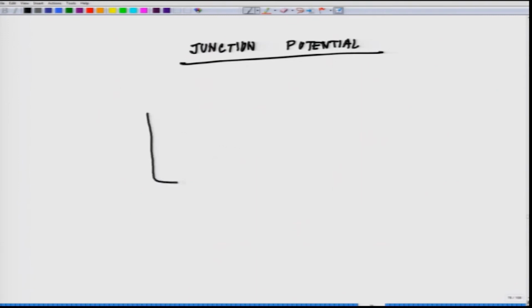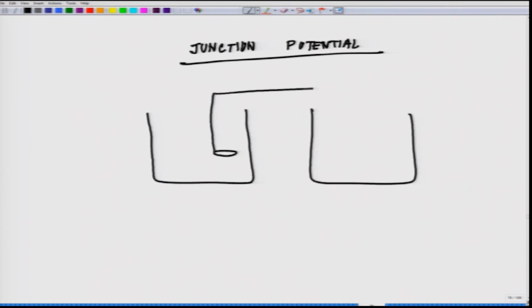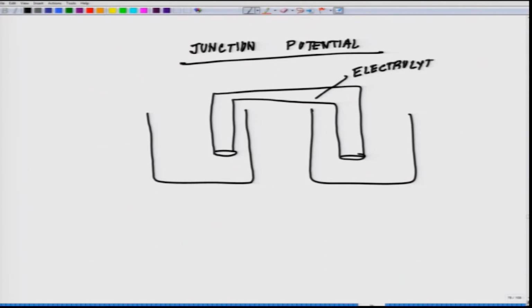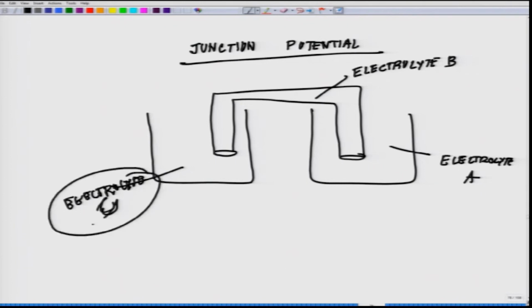This is a situation you will observe when you have a salt bridge which has a different electrolyte, okay? Electrolyte B, and you have an electrolyte A, you have a electrolyte C. Okay.